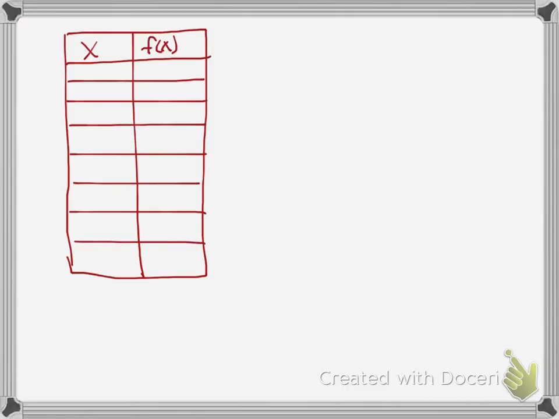I'm going to go from -3 to +3. I drew one too many. I'm going to put in some y values here as well.